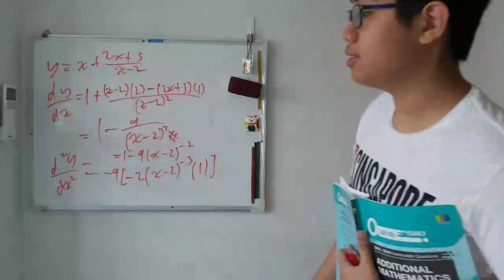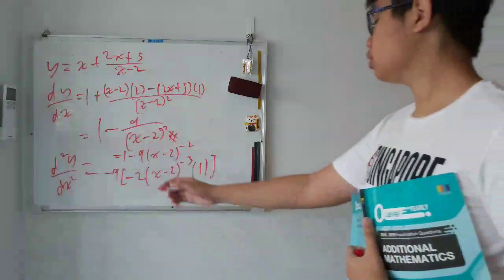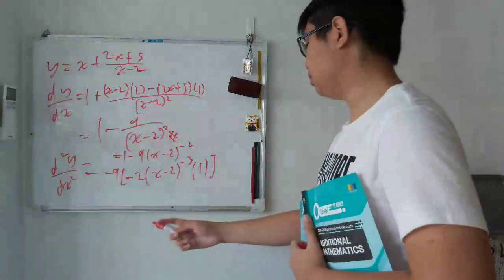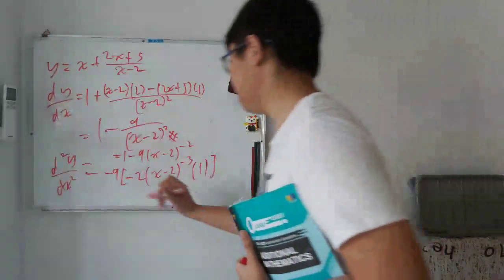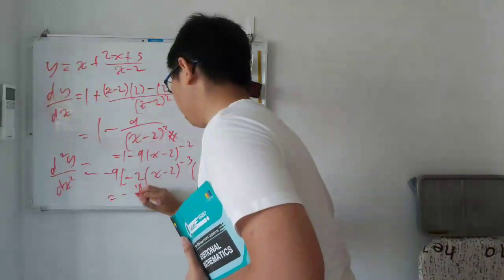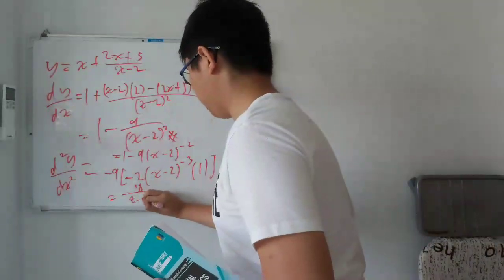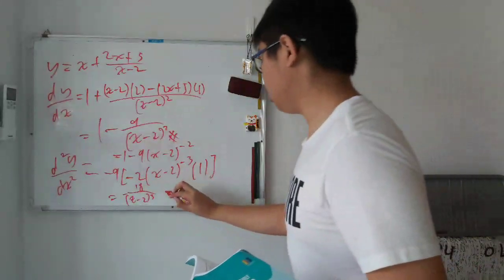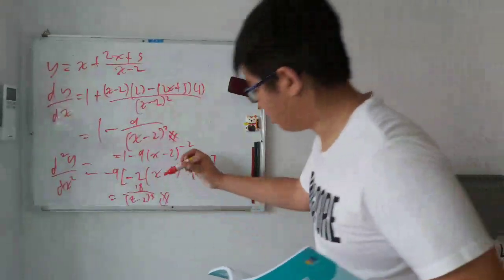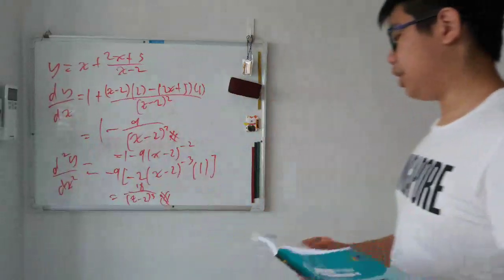Then we will simplify this. This is going to be just minus 18, right? So this whole thing will be equal to minus 18 over x minus 2 all raised to power 3. You should get this for your d squared y over dx squared.